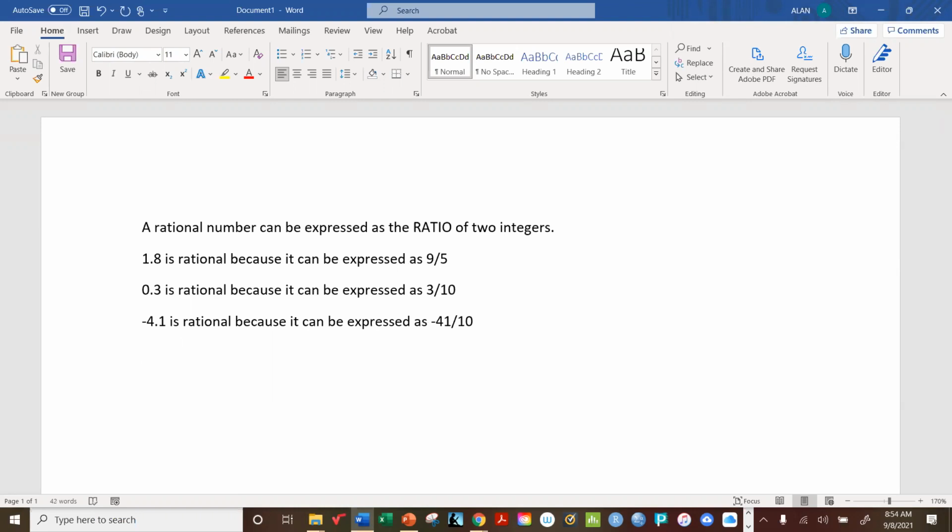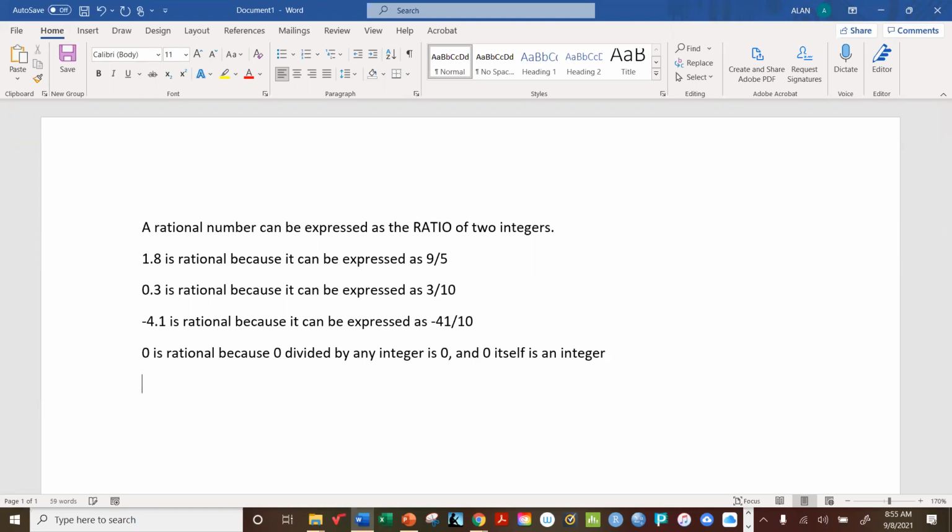Now here's an interesting one. 0 is rational because 0 divided by any integer is 0, and 0 itself is an integer.